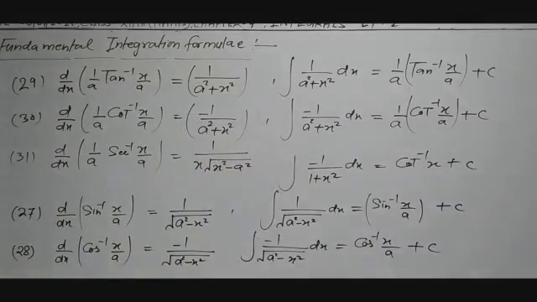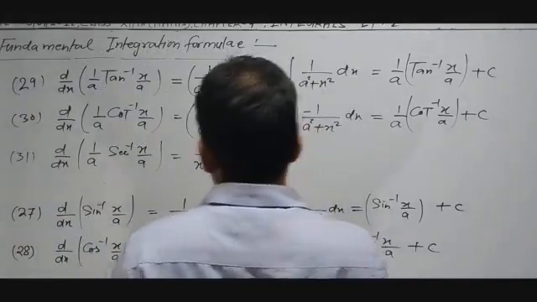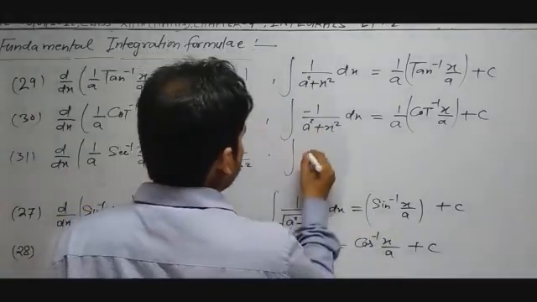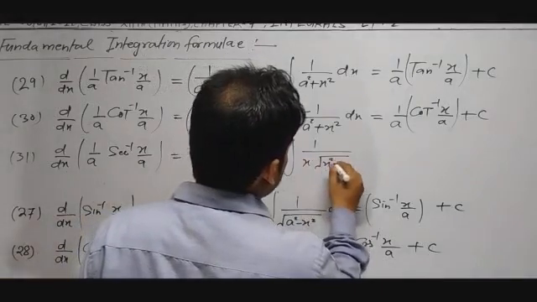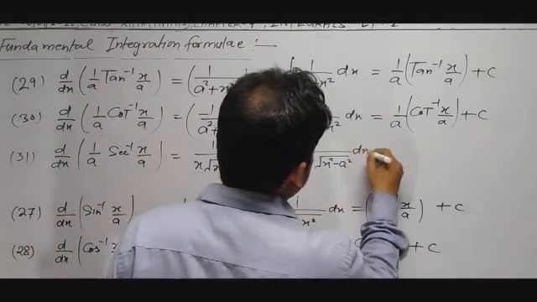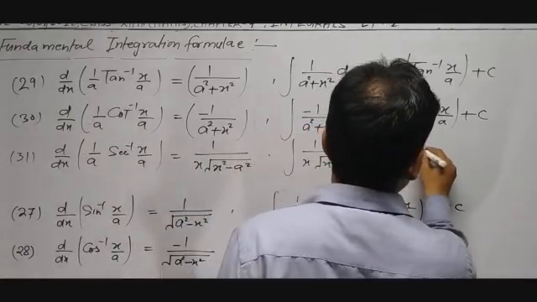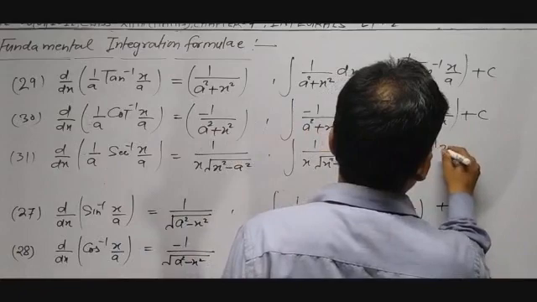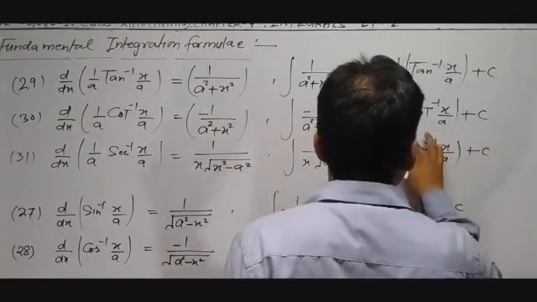So this is the result of 1 by a sec inverse x by a. Now its antiderivative you can write here: antiderivative of 1 upon x root over x square minus a square dx is equal to 1 by a sec inverse x by a plus c.